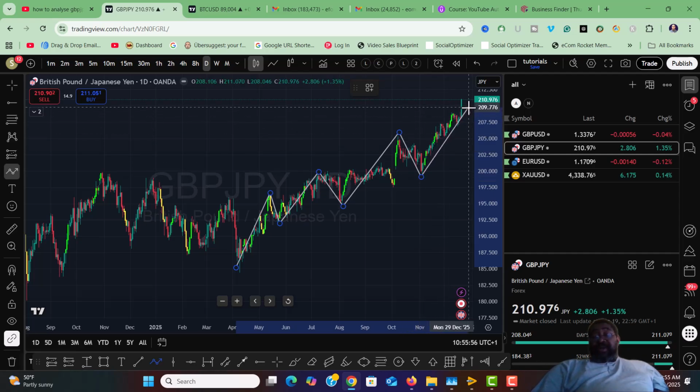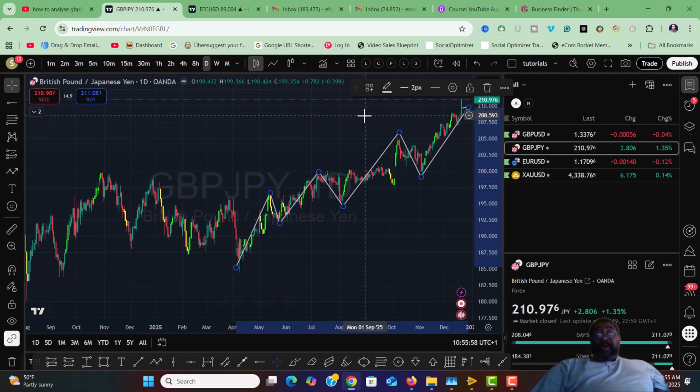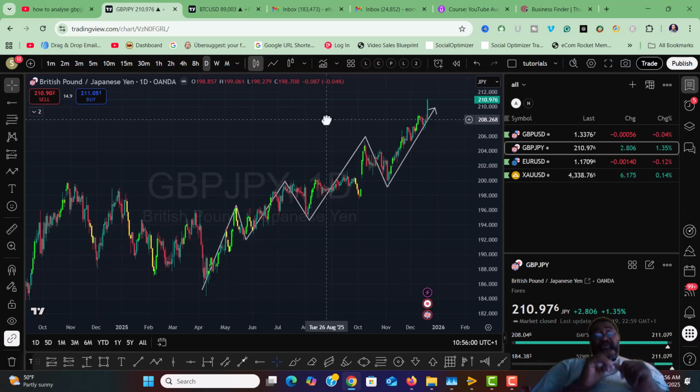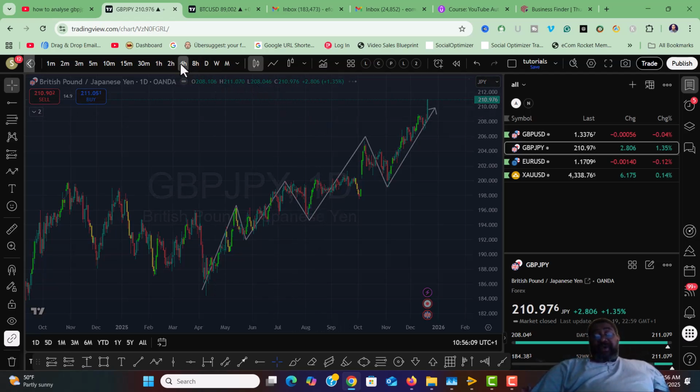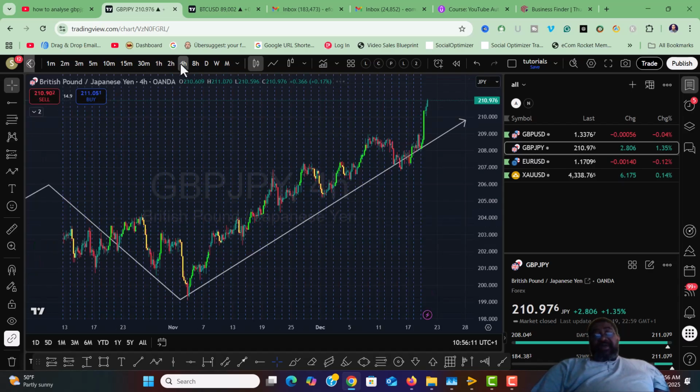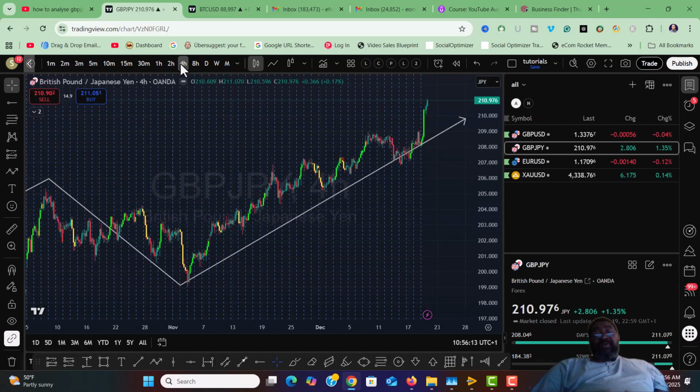As you can see, the market is in an uptrend, okay? So first, you can write this down: daily is an uptrend. Then we'll move to 4 hours to find out if this market is still going in the same direction.